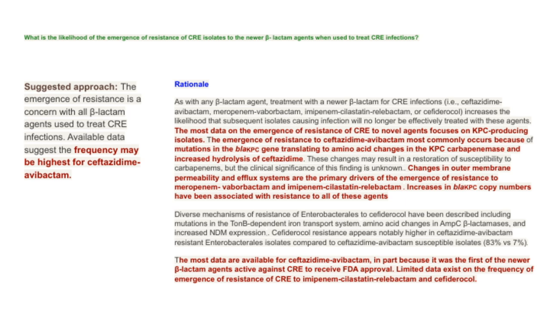When it comes to meropenem-vaborbactam and imipenem-cilastatin-relebactam, resistance mechanisms tend to involve changes in outer membrane permeability and efflux systems. Basically, how the bacteria control what gets in and out. Additionally, increasing the copies of the blaKPC gene has been linked to resistance across these agents.